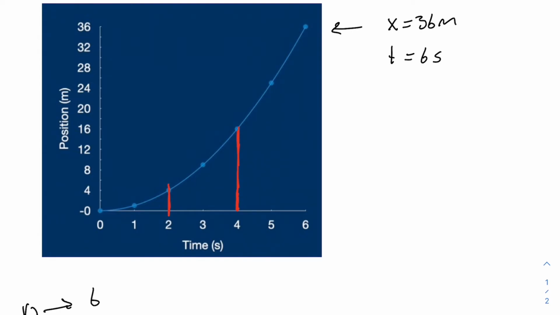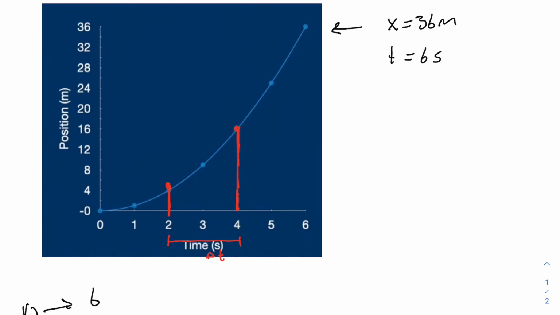These 2 points right here would make up our delta x, and this time interval, that 2 seconds, would make up our delta t. So think about how I could make this even closer to the exact velocity at 3 seconds. What you would do is decrease that time interval.